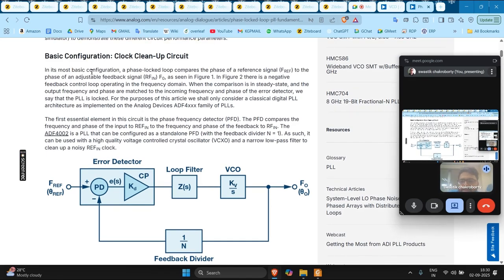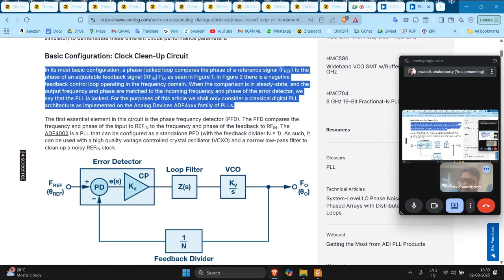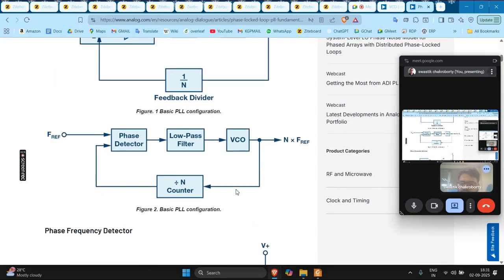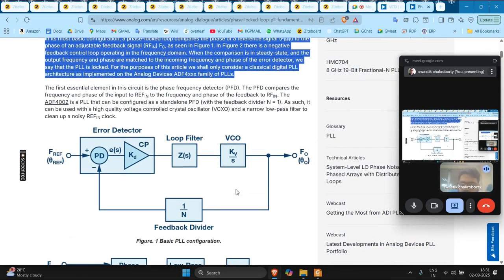In its most basic configuration, a phase lock loop compares the phase of a reference signal to the phase of an adjustable feedback signal. The phase is adjusted via an error detector, a loop filter, and a VCO. So this is a basic PLL configuration.